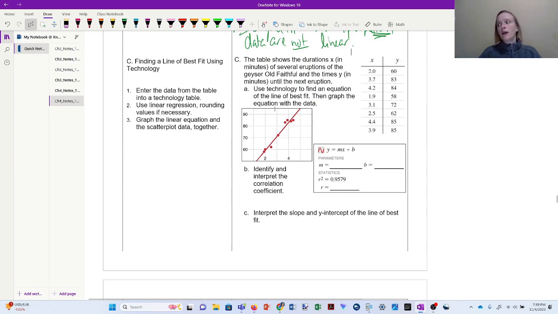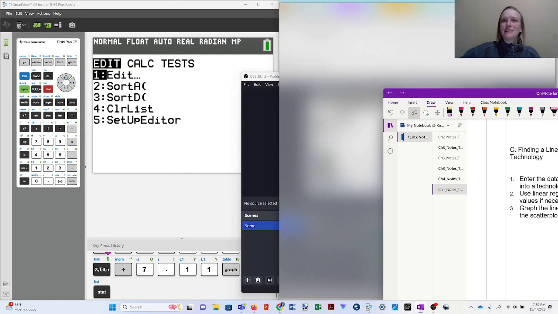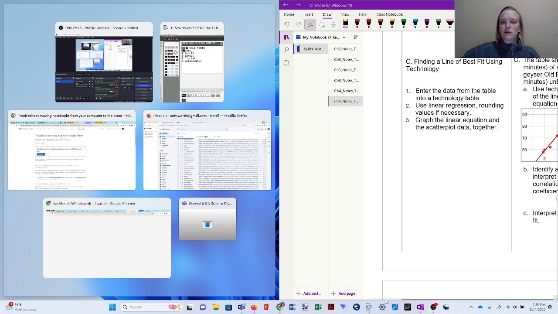Now, I will provide a link in the comments or in the description to a good calculator website. I will do this example on a calculator, but I'm not going to troubleshoot every possible problem. But I'll do what I can, and leave that to the calculator YouTube professionals here.